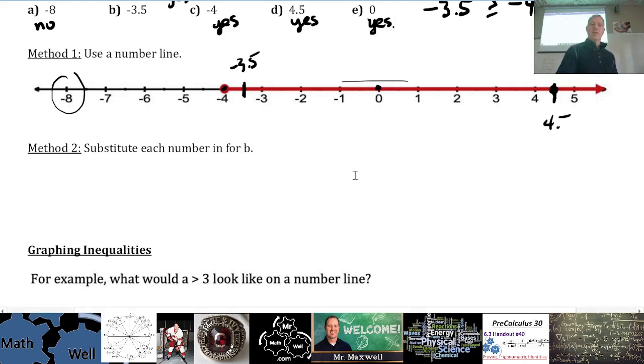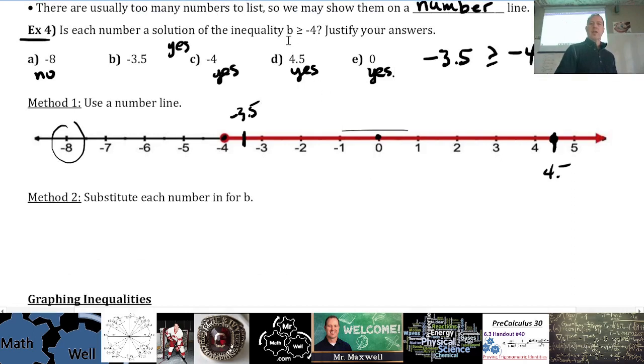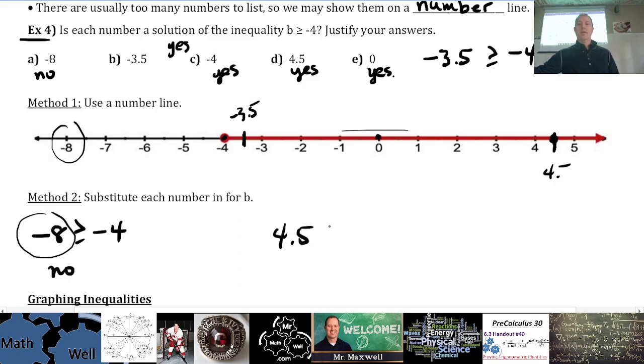Now, the other method would be to substitute the number in for the letter. So for example, is -8 greater than or equal to -4? That was our first one. Well, is that true? No, it's not true. That is less than -4. So that's why no for -8. I won't do all of them, but certainly 4.5. Is that greater than or equal to -4?